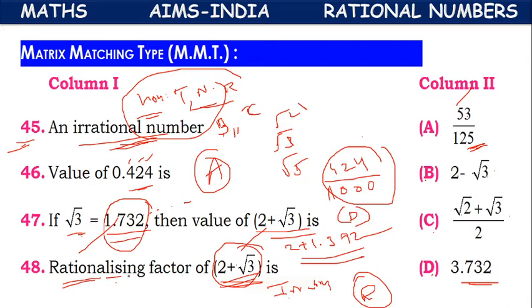So what is the rationalizing factor of 2 plus root 3? Opposite to it, 2 minus root 3. If we multiply both, this root 3 will get cancelled, it will become a rational number. This concept we will learn later. So B option is the correct answer.